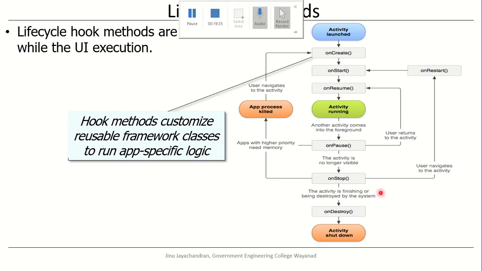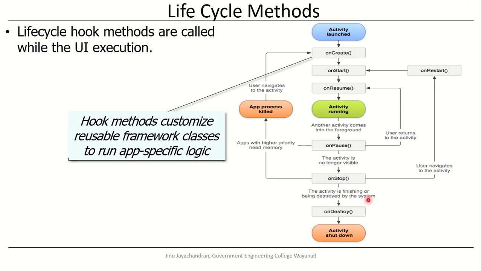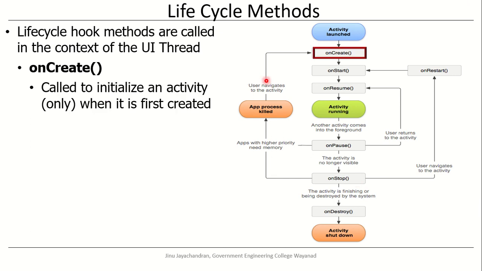So this is the flow of calling of different callbacks for the Android lifecycle. The first and foremost is onCreate. When you are going from the starting state to the running state, it will call the onCreate function, which initializes an activity when it is first created.